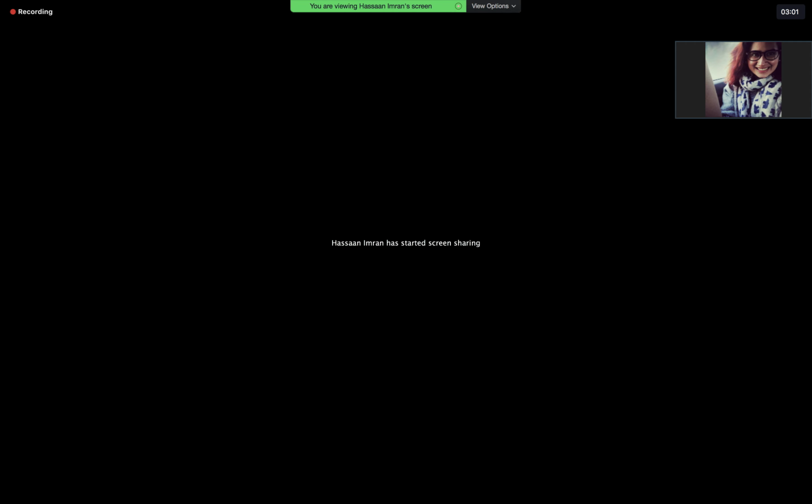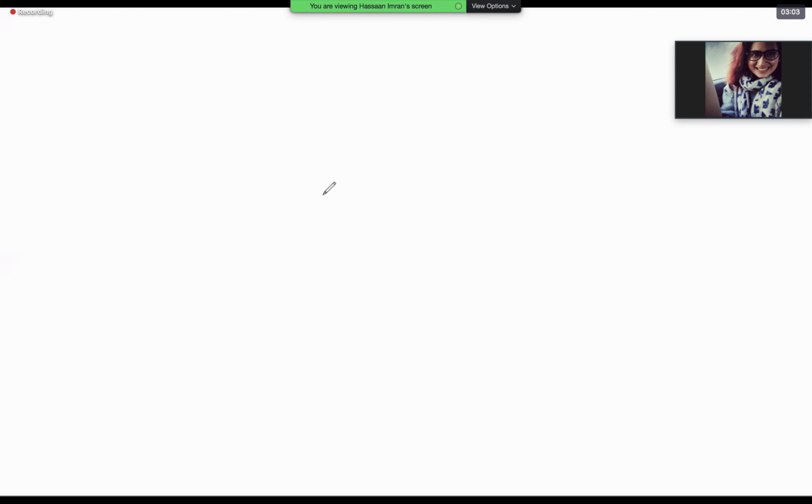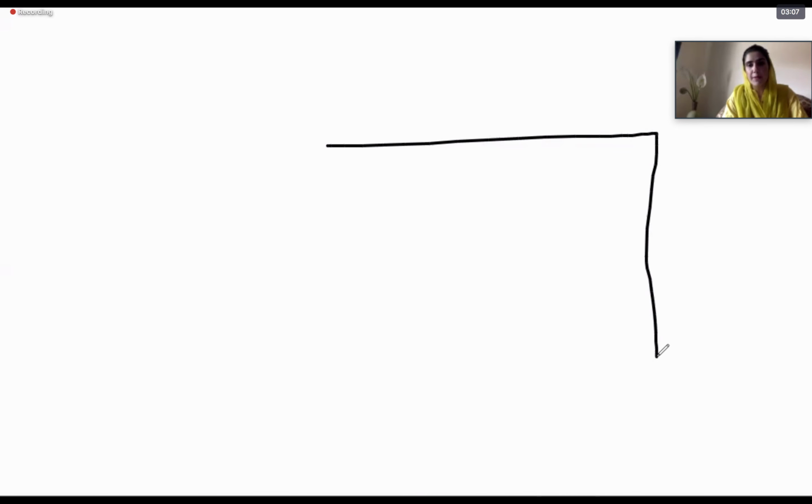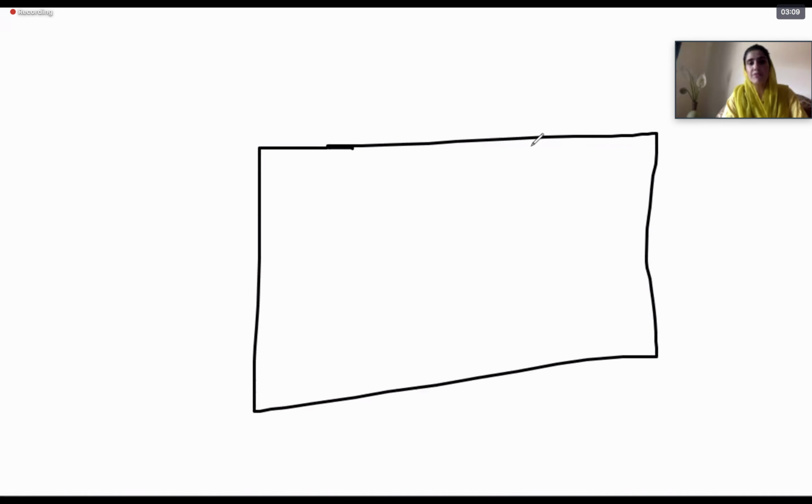So in that context, we started talking about the 2 by 2 table, and that was the point where we left last time. So if I take you back towards our whiteboard, in a 2 by 2 table we have two columns and two rows.